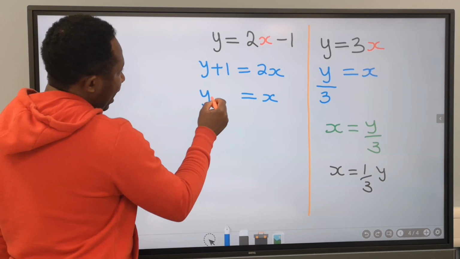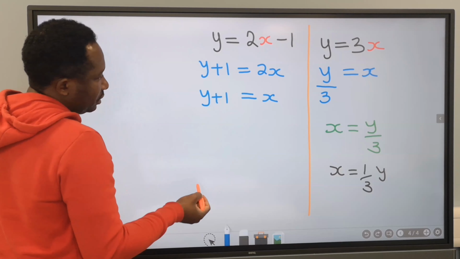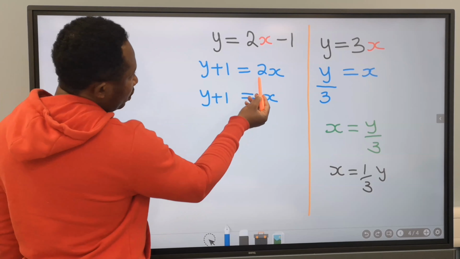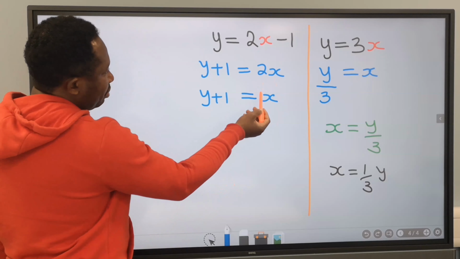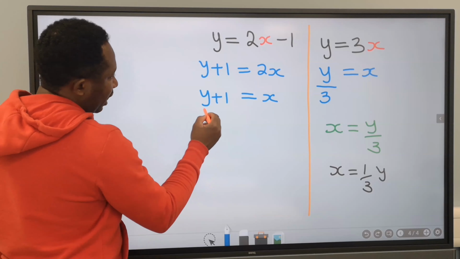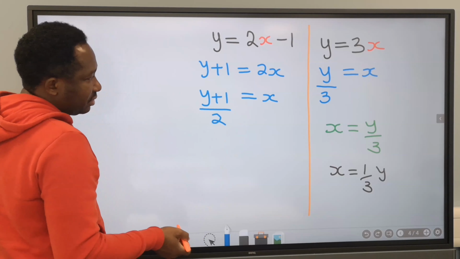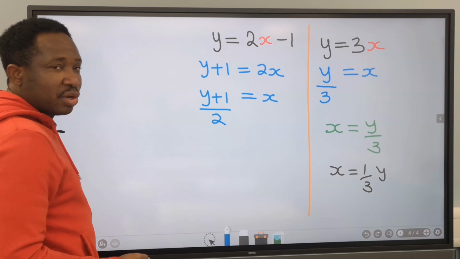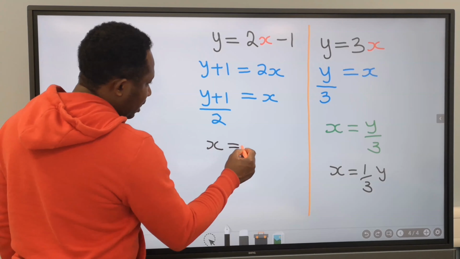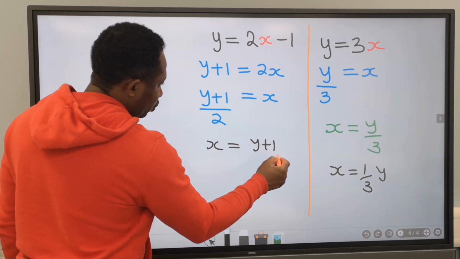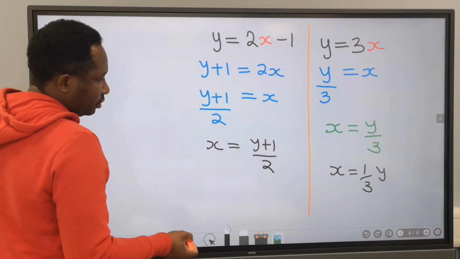On this side I have y plus 1. 2 is multiplying x, and a multiplying variable will move across the equal sign and is going to divide. This becomes our answer. I can rewrite this as x is y plus 1 over 2.